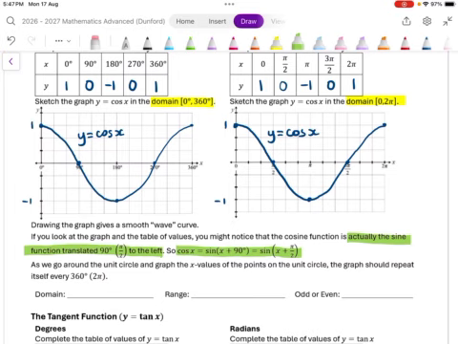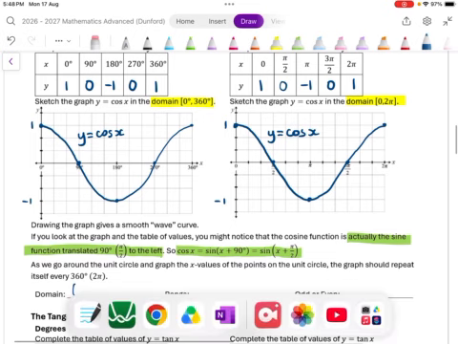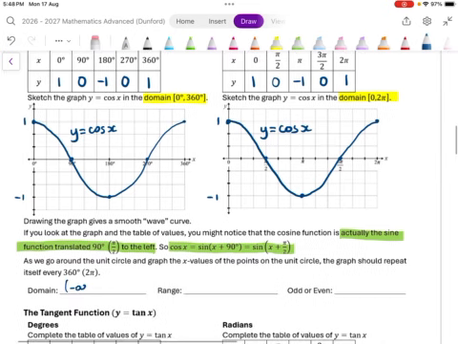So as we go around the unit circle and graph the x values of the points of the unit circle, the graph repeats itself every 2 pi or 360 degrees. This means the domain of our cos function is -infinity to infinity. Our range is -1 to 1, and this is symmetrical about the y-axis, so this is an even function when we're looking at y equals cos x.